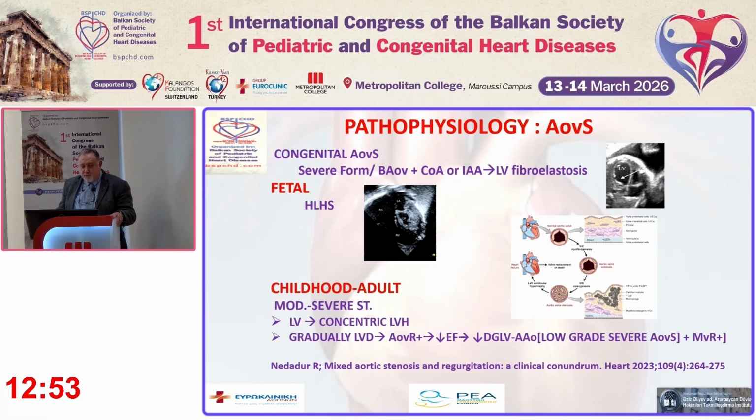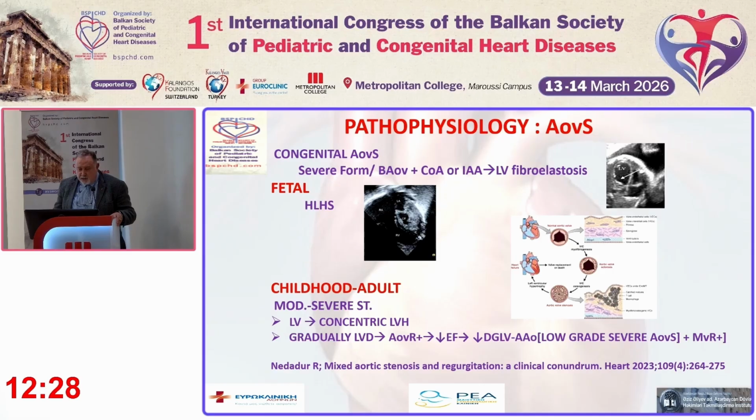In childhood and adults with moderate to severe stenosis, the left ventricle will develop concentric left ventricular hypertrophy, and gradually this will accumulate to aortic valve regurgitation that will drop the ejection fraction, and it will create a dilatation of the ascending aorta.